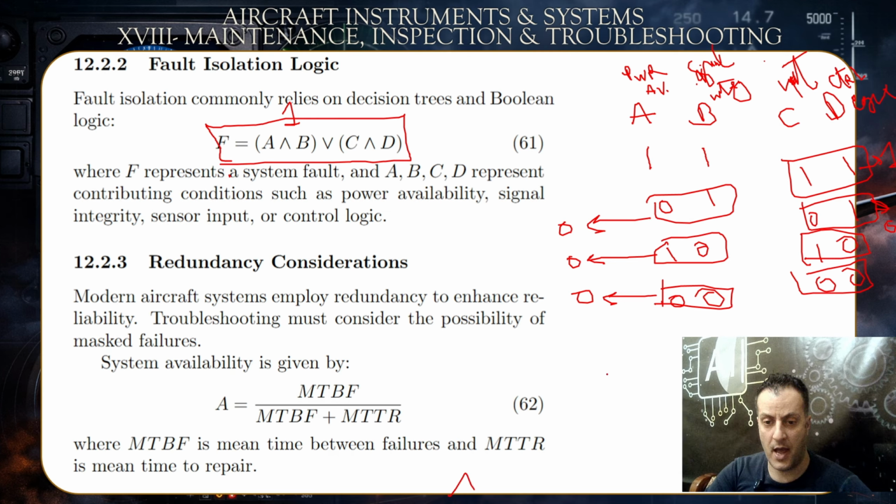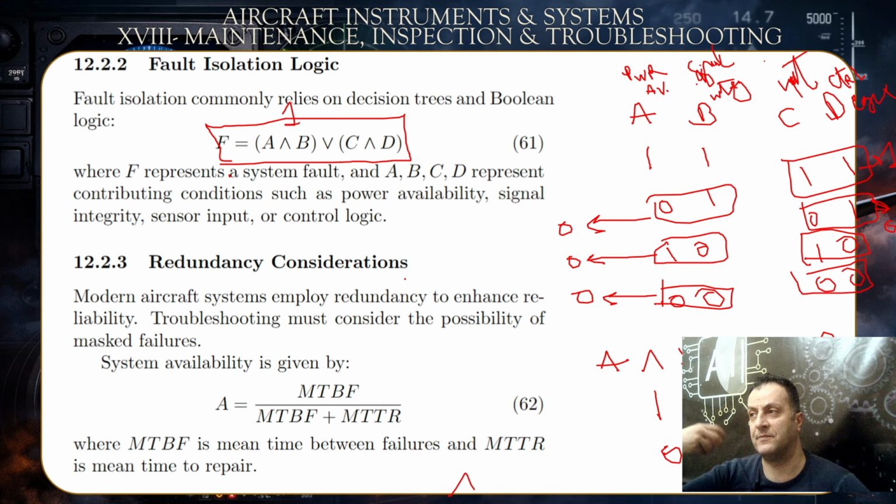So if A and B here is 1, C and D is 1, or one of them is 1 and the other is 0, in all these three cases, it would give you a true check, meaning that the system failure would be considered and validated as a true failure, not as a defect within the checking system, within the sensor, or an interference in the data being collected from the sensor.